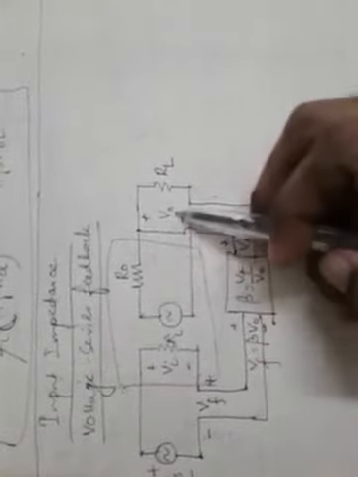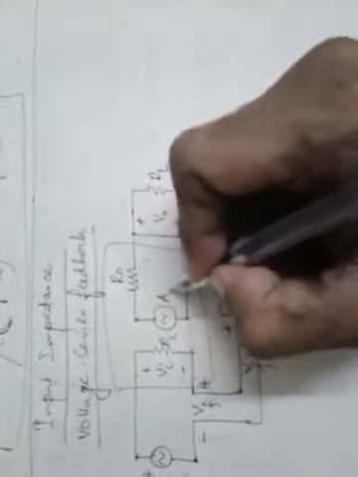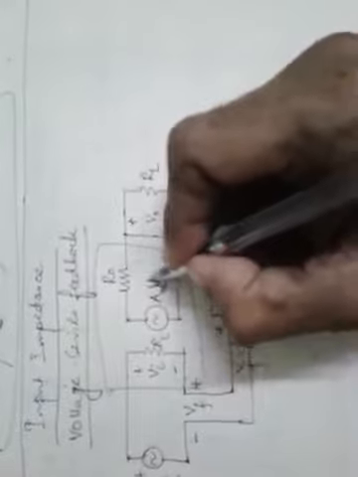So the output voltage Vo is represented as a voltage source here, whose value is its gain, AOL, the open loop gain, into the voltage at its input, that is Vi. Input multiplied by gain is the output.